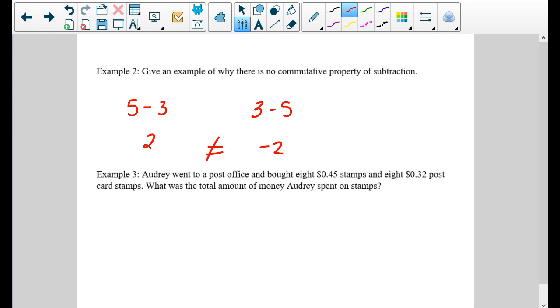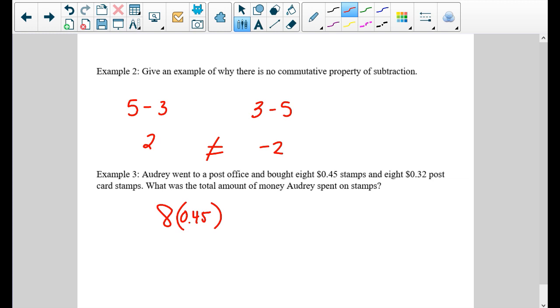Example 3. Audrey went to a post office and bought 8 45-cent stamps and 8 32-cent postcard stamps. What's the total amount of money Audrey spent on stamps? So what equation can we set up? Was it 8 times 0.45 and 1?